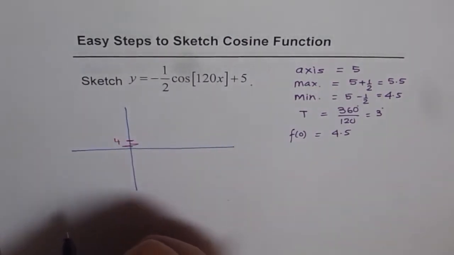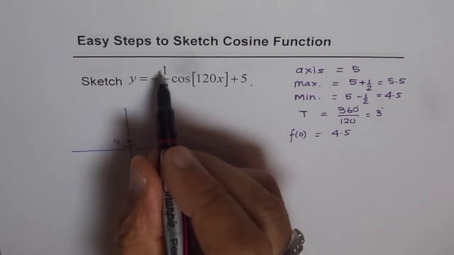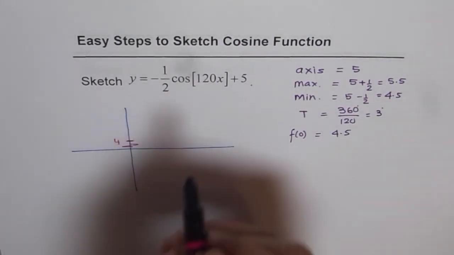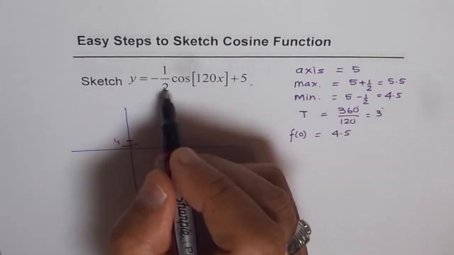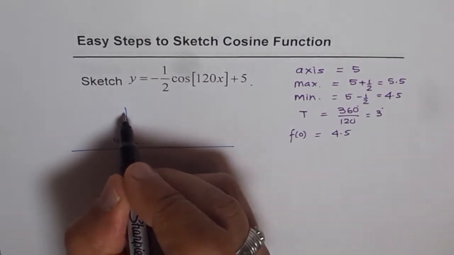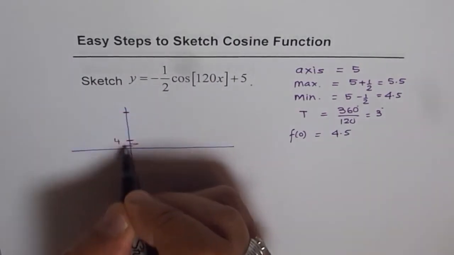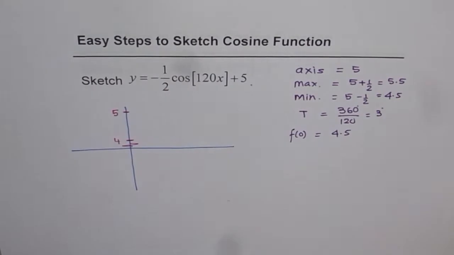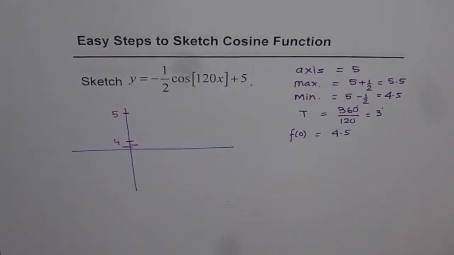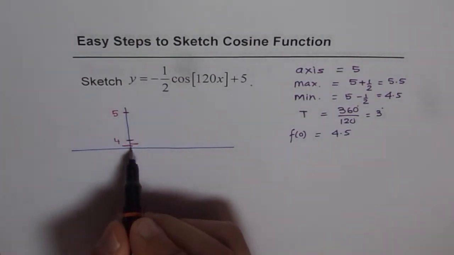So this is my 4. And since amplitude is just half, I'm going to take a big scale step. So let this be 1 for me, 1 unit, just to show you things more clearly. And that is the whole idea why I broke my scale here, right?